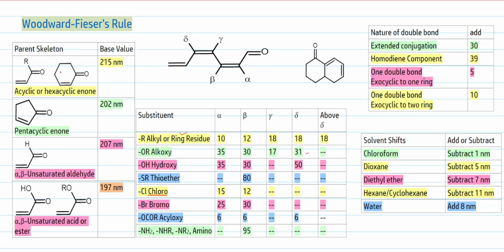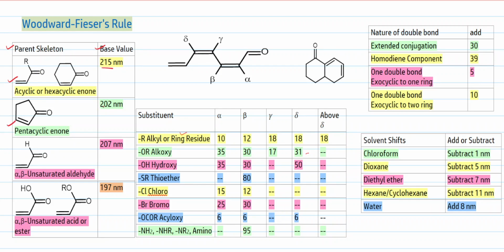This table represents the Woodward-Fieser rules for the calculation of enone systems, alpha beta unsaturated acids and alpha beta unsaturated esters. In the first table, there is a parent skeleton and they have a specific base value. For acyclic and six-membered ring enone, 215 nanometer.